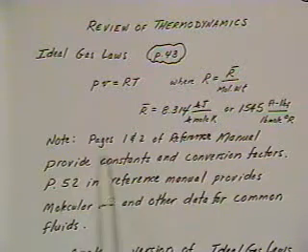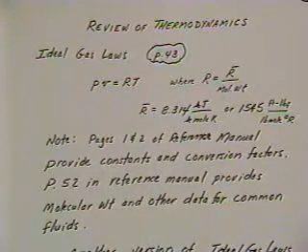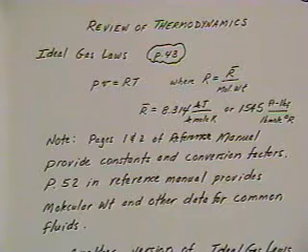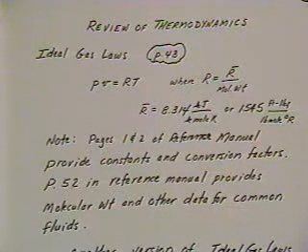Now, on pages 1 and 2 of the reference manual, you'll note that there are a number of constants and conversion factors provided. Page 52 in the reference manual gives you some molecular weight data and other data for common fluids.